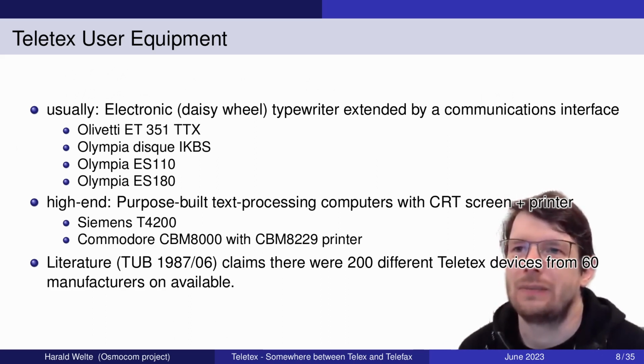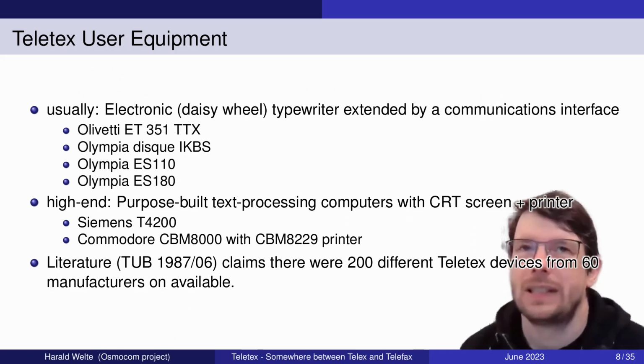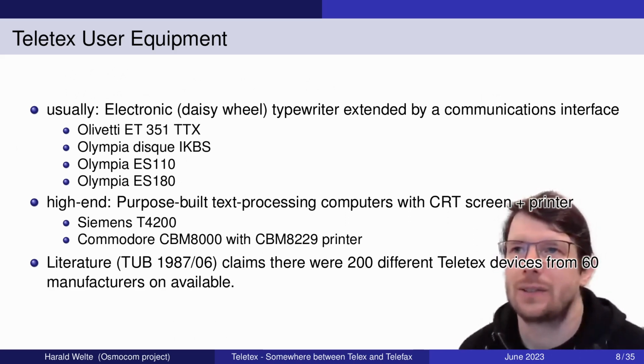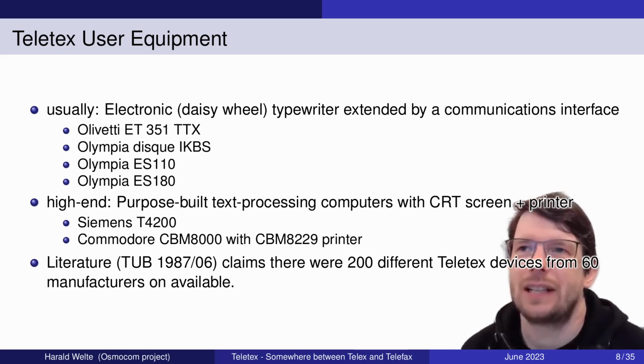Around the time Teletex was introduced, there already were not just electric but also electronic typewriters, typically with a daisy wheel, that had a memory for typically a few lines of text, and maybe a 1, 2, maybe 4 line display. So you could edit a given line before actually printing it on the paper, and it was easy to fix spelling mistakes and things like that.